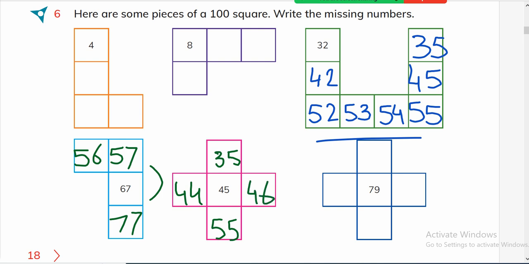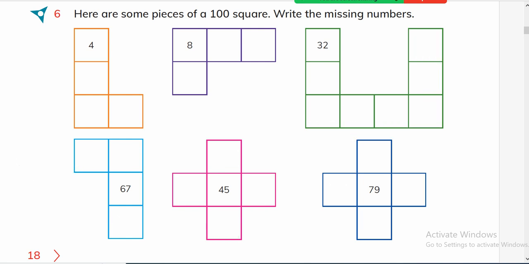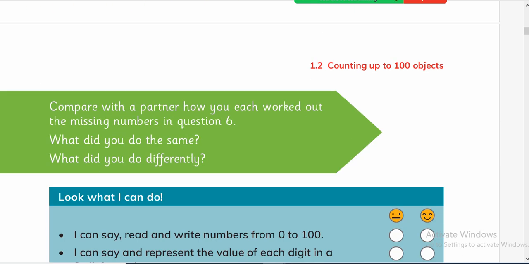This number is 79, and then 69, 89. On left side it will be 78, and here it will be 80. I hope that it is very much clear to you and there is no confusion in these puzzles.